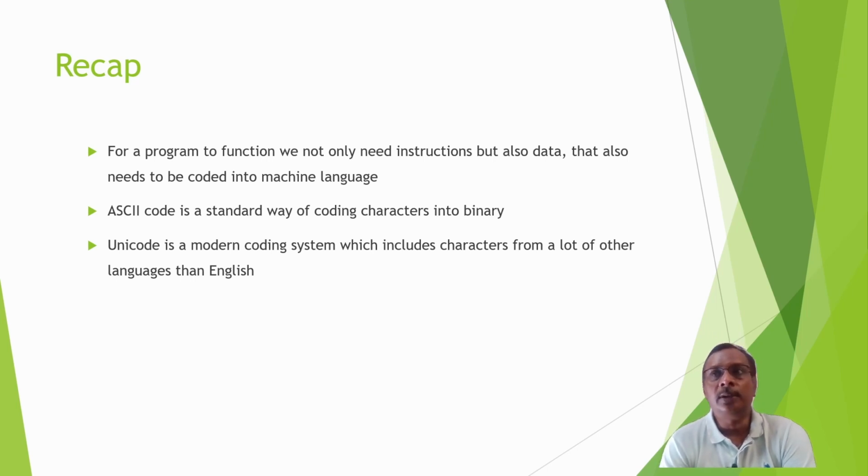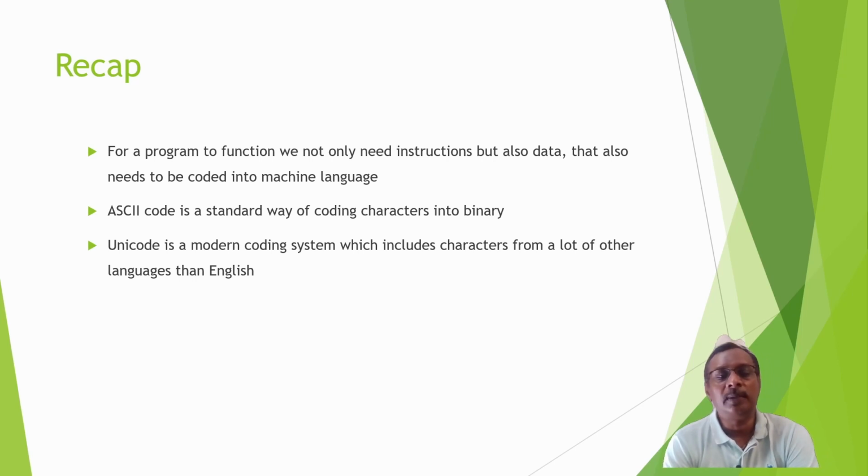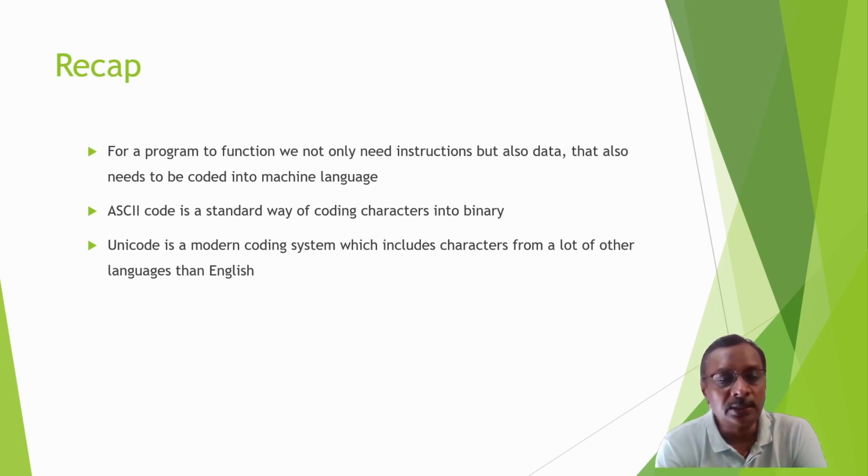Unicode will be 2 bytes or even more, and it can accommodate a larger number of characters, I think up to 65,536 characters, which is more than enough for including all the characters and special characters of the world's popular languages. So that is what we saw in the previous session.